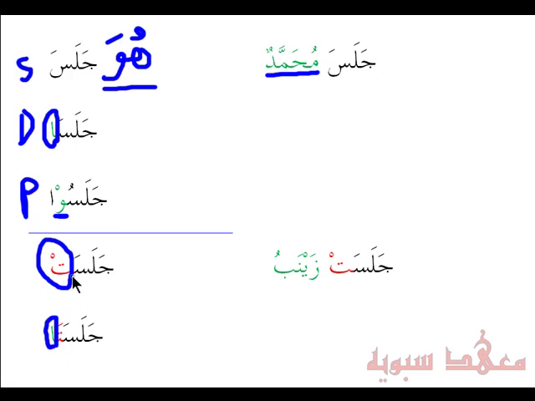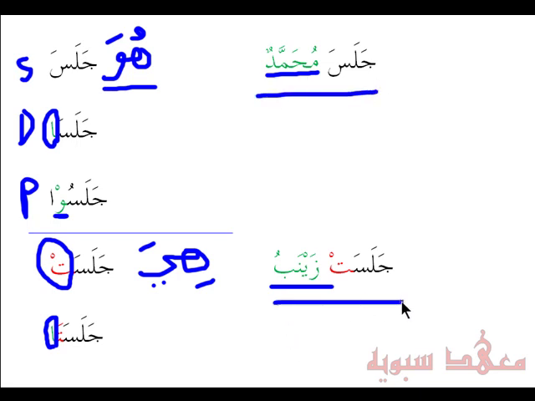So similarly for the singular there's the pronoun here that is built into the verb. So this is mustatir inside the verb, so it's hidden. Or you can have a doer that is apparent, dhahir. So jalasat Zainabu. And remember I said that the doer will always be after the verb. So as you can see in this case and that case, the doer is after the verb.